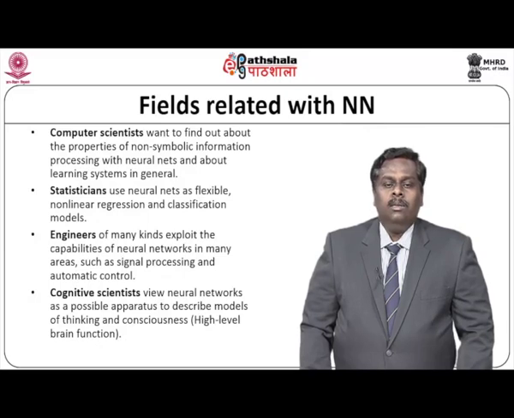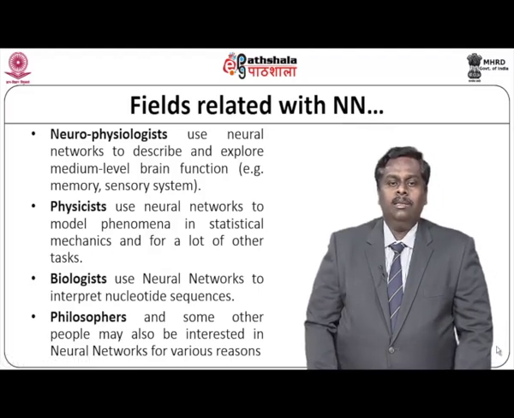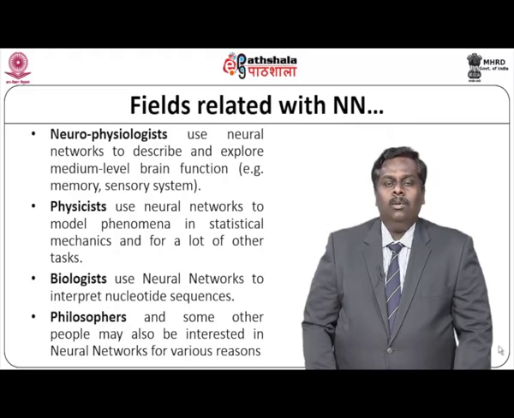Cognitive scientists are the best ones who make use of neural networks. With the help of neural networks, cognitive scientists create various models of thinking and consciousness. Neuropsychologists, physicists, biologists and philosophers also make use of neural networks for defining various brain functions, understanding how elements and materials behave and interact, and identifying nuclear sequences.